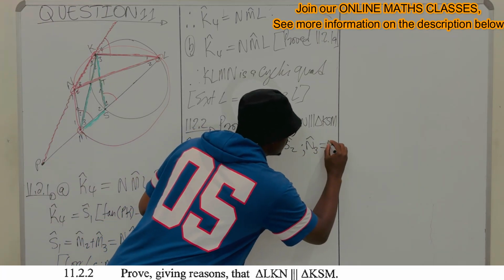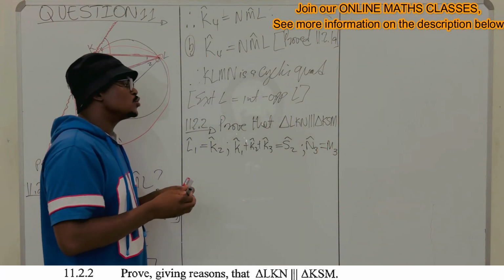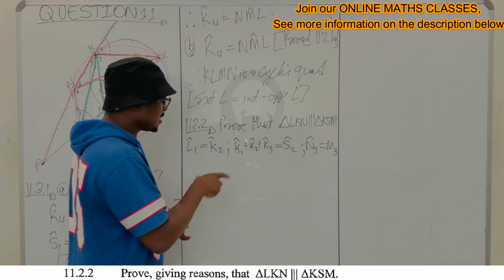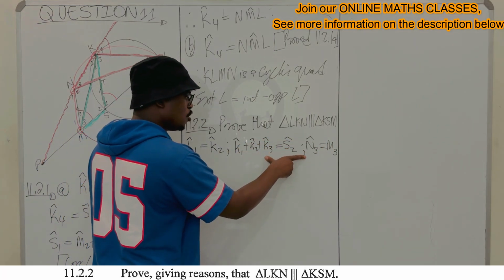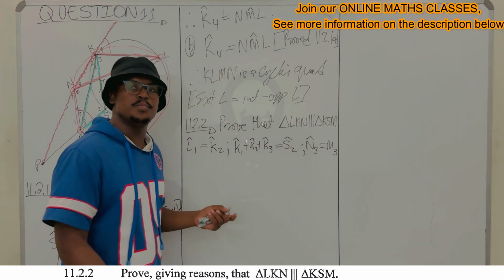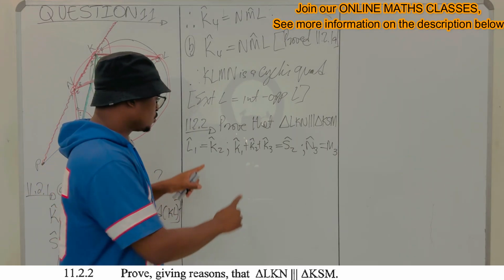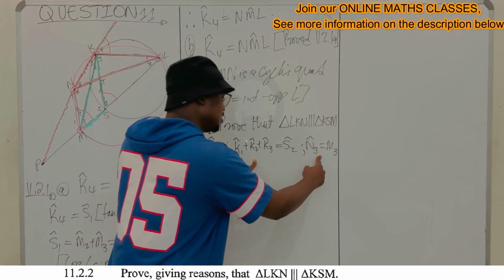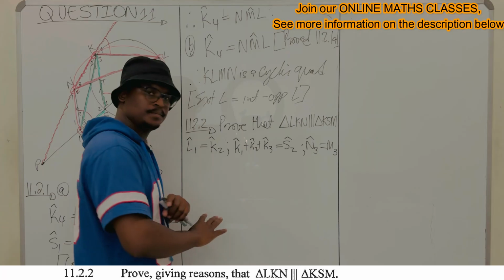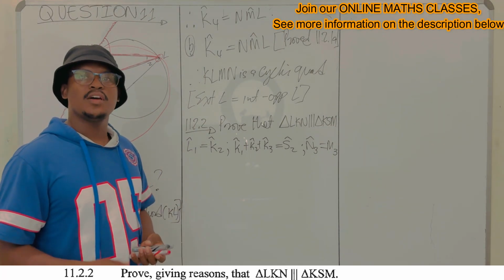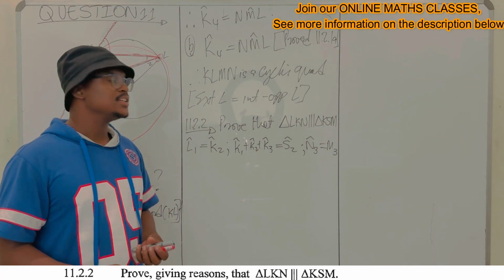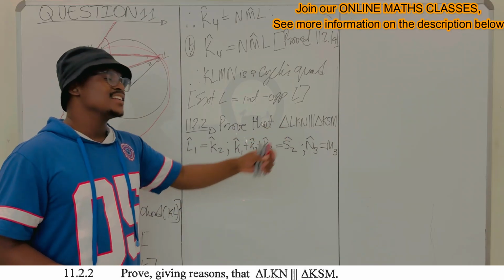If you can show these as well. So if you want to show that these two triangles are similar, you can either show these two, or these two, or these two. Any two would be enough. You can show that these two are equal, or these two are equal, or these two are equal. That will be fine. You will have shown that these two triangles are similar.